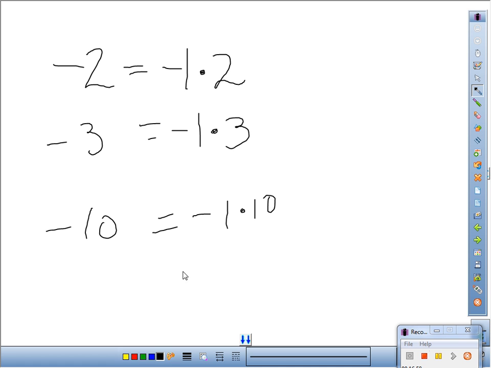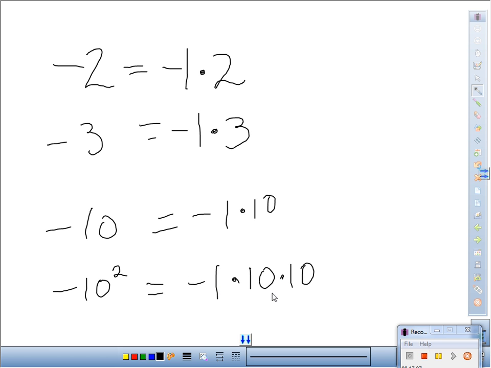Is that correct? However, if they give us negative 10 squared, that means negative 1 times 10 times 10. Why 2 times the 10? Because the exponent tells us that this one, how many times? Twice. Everybody see that? All right.